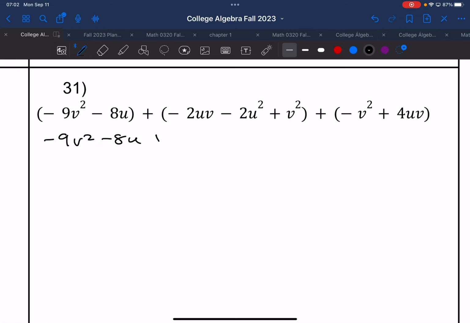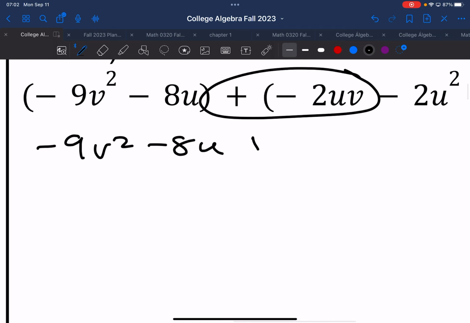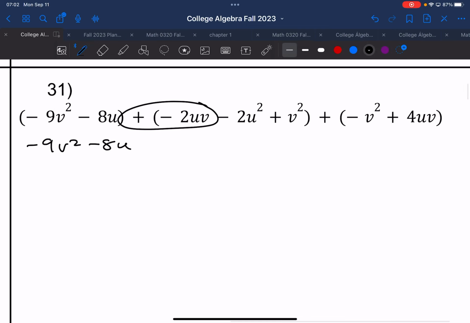So for this part right here, since I have plus a negative, what can I write? Just a minus, right? I don't need to write that plus a negative. I can just write minus 2uv. Same with that last one. Okay, so all I did was drop those parentheses.